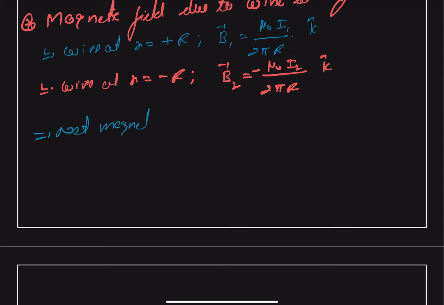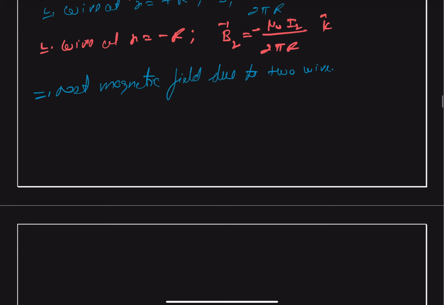Therefore the net magnetic field because of these two wires, we can simply write the algebraic sum. So we can say magnetic field due to wires will be equal to B1 plus B2.